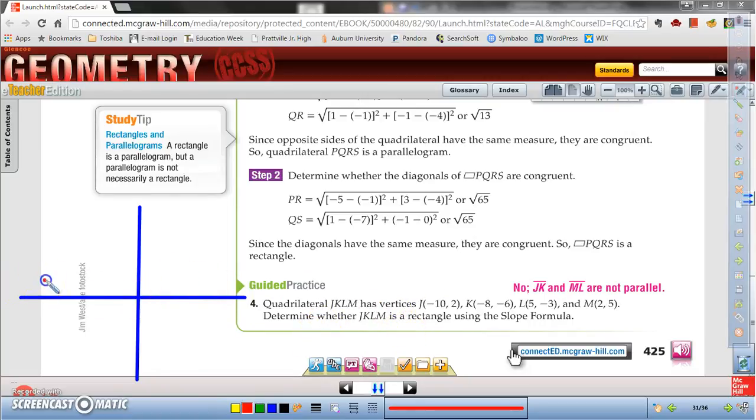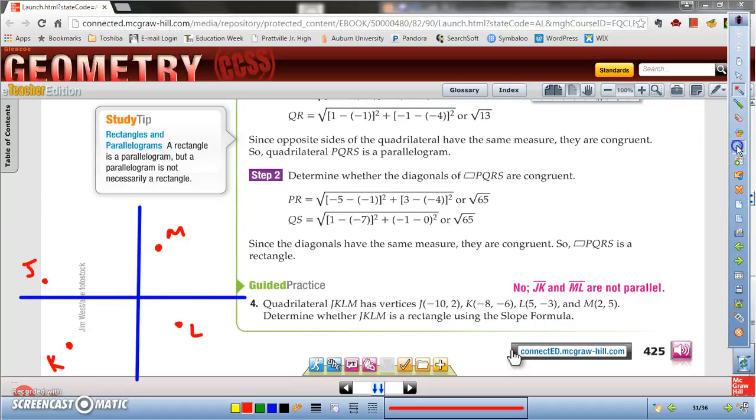So negative 10, comma 2 would go about right there. Negative 8, negative 6 would go about right here. 5, negative 3 would be about right there. And 2, 5 would be about right here.